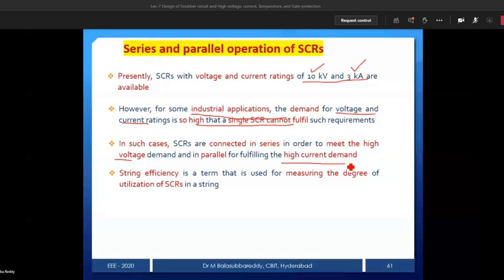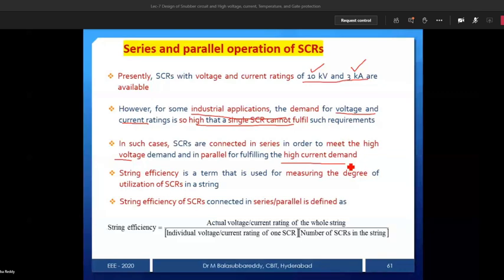For string efficiency, the same formula we can write in two fashions, for the series case as well as the parallel case. String efficiency is equal to the actual voltage or current rating of the whole string.